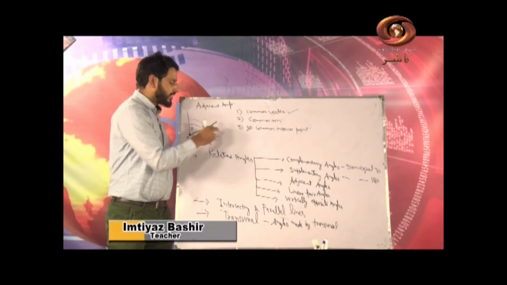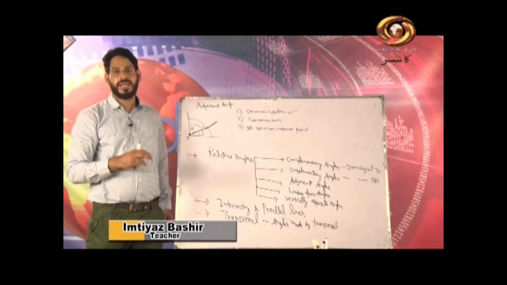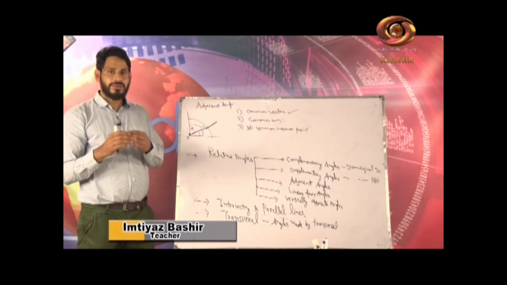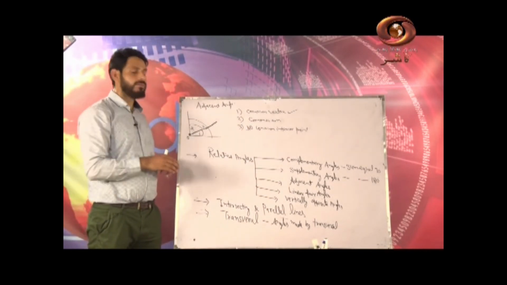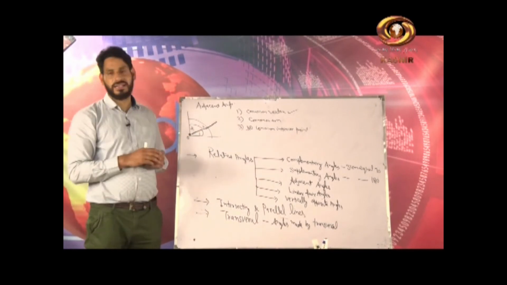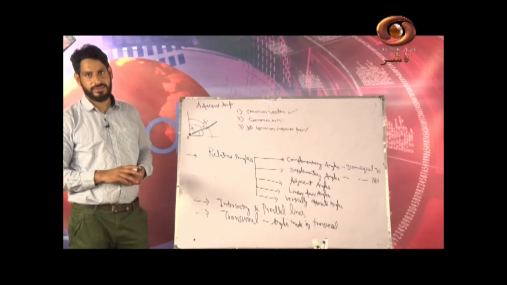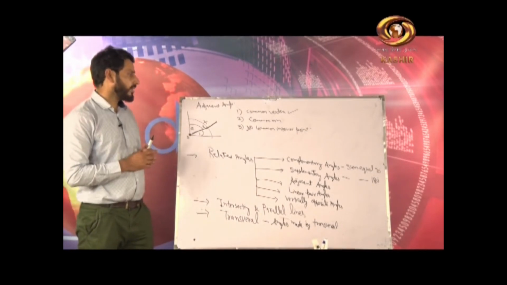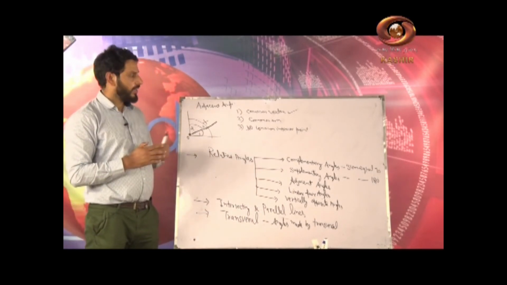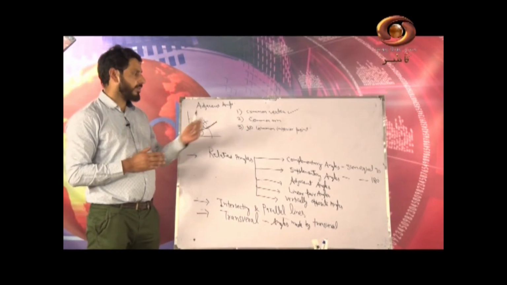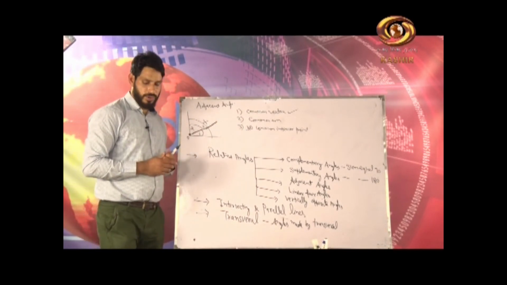That is, angle 3 has the common interior points of angle 1, or angle 1 forms the interior part of angle 3. That is why we can't say that these are adjacent angles. I hope you understood what the adjacent angle is and what these common vertex, common arm and common interior point are.